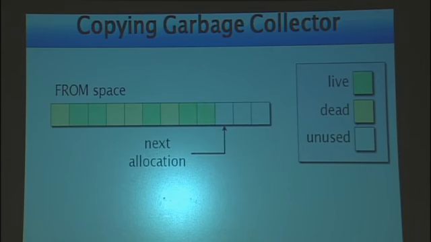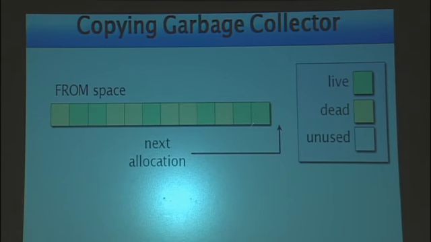And as I go through, I allocate more things, okay, in what's called the from space, and I keep allocating, and I may do a deallocation, and maybe some more allocation, and maybe another deallocation, and some more allocation, and eventually I run out of the memory that I've assigned for my heap storage.